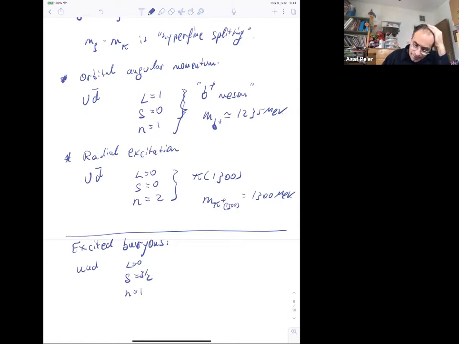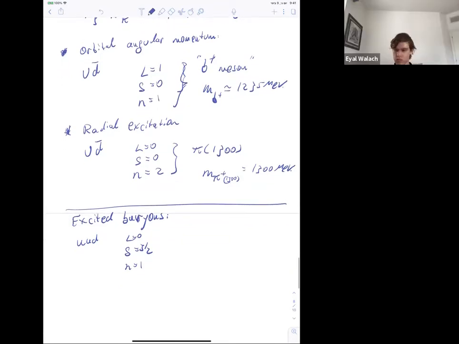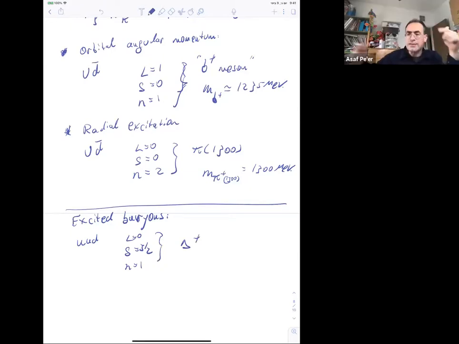The spin of the proton is 1/2, so this would have spin 3/2. This is known as the delta particle. So an excited state of a proton is called a delta. It's excited in terms of spin.